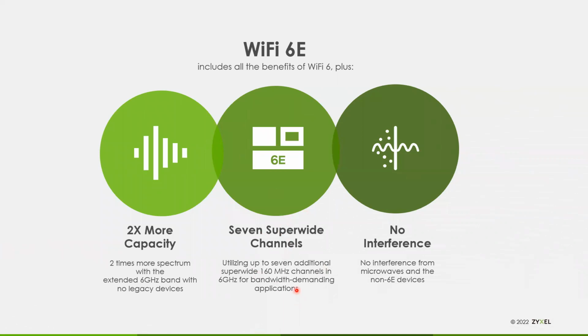With 6 gigahertz and Wi-Fi 6E, we now have 7 160 megahertz channels. So you can be operating your Wi-Fi devices at full maximum bandwidth and not worry about overlap with any nearby access points. Pretty much the only thing that's using 6 gigahertz is Wi-Fi, so you don't have to worry about interference from other devices as well.